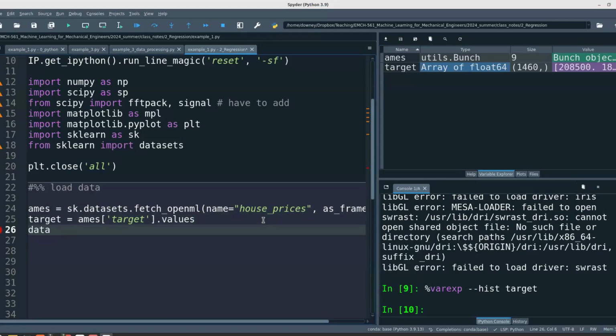So data is equal to Ames data. I'm just going to bring that in as a panda for right now. I'm going to go year, capital Y, R, SOLD, capital S, is equal to data, the string capital Y, capital SOLD, year sold, dot values.